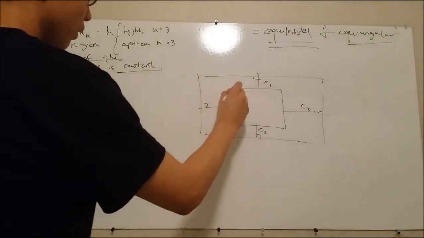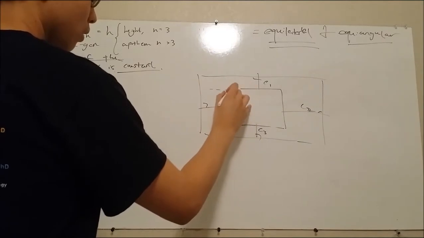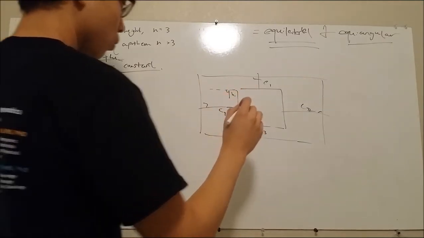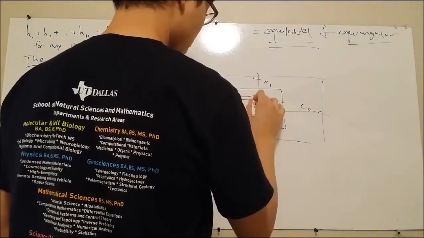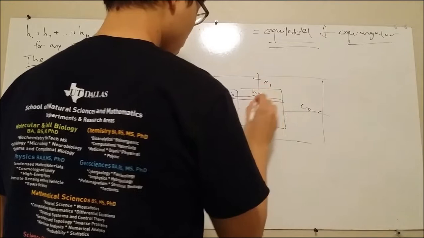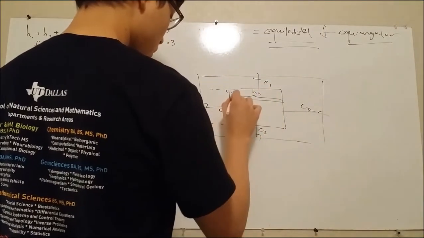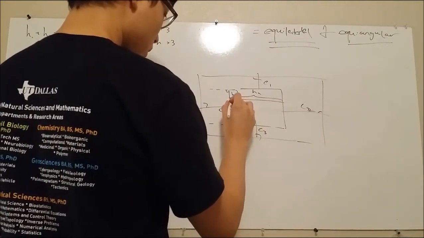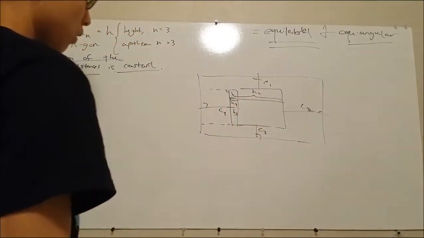And label the distances to the sides H1, that'll be H2, and that'll be H3, and this tiny bit will be H4.